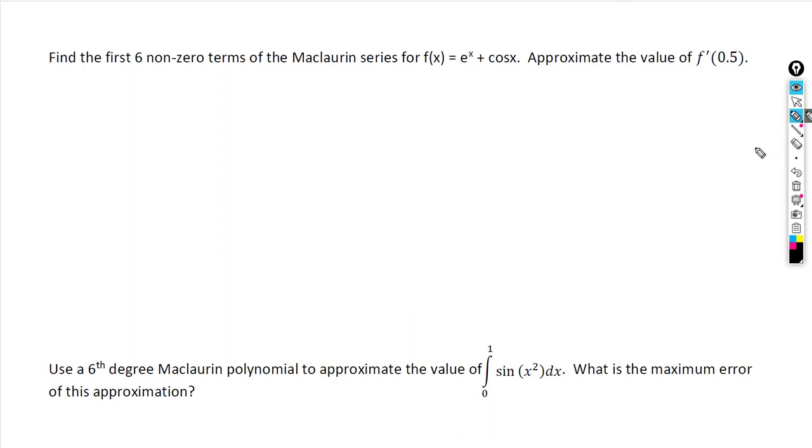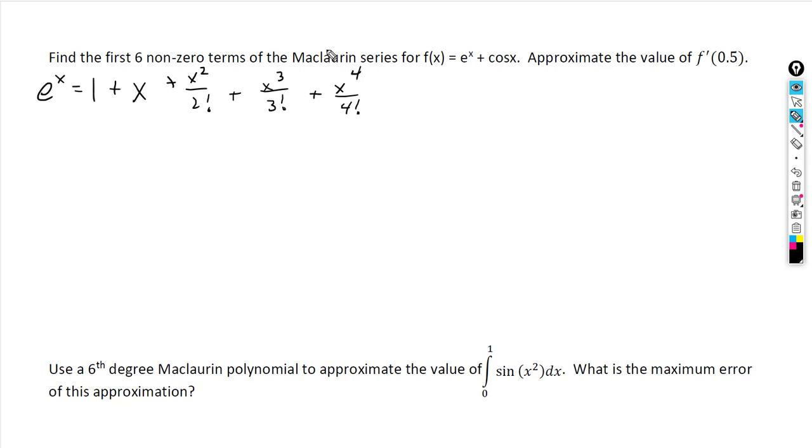Find the first 6 non-zero terms of the Maclaurin series for e to the x plus cosine of x. So I have to break these down, right? I can say, okay, well, e to the x we know is 1 plus x plus x squared over 2 factorial plus x to the 3 over 3 factorial, plus, and so on, all the way up to however many I need.